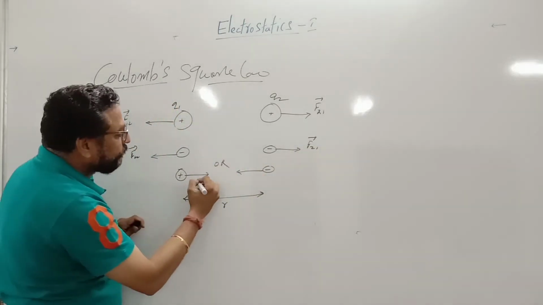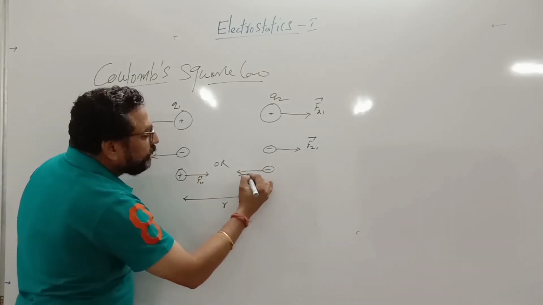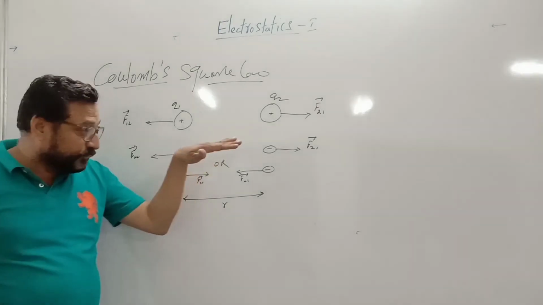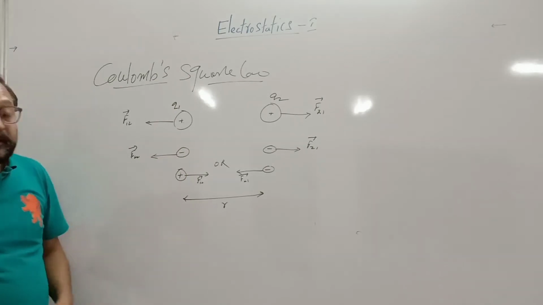These are the vector forms, F12 and F21.